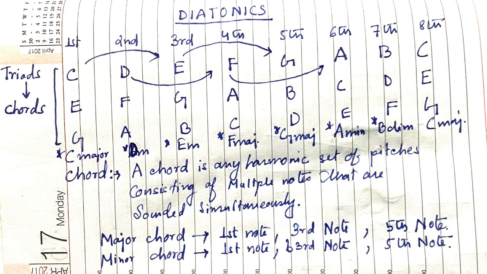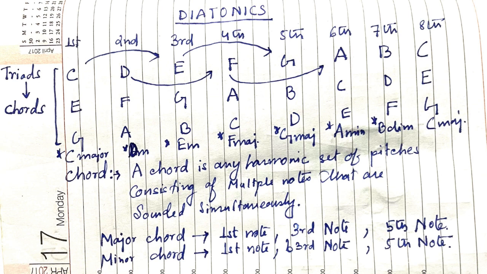That means if the third note is E, in this case in the C major scale, you flatten the E note, that is E flat, and you play C, E flat, and G, and you have a C minor chord. So the C major chord is taking the C major scale and playing the first, third, and fifth notes simultaneously.